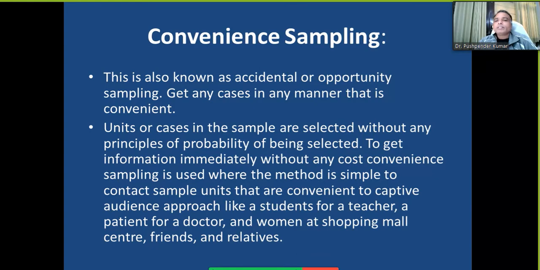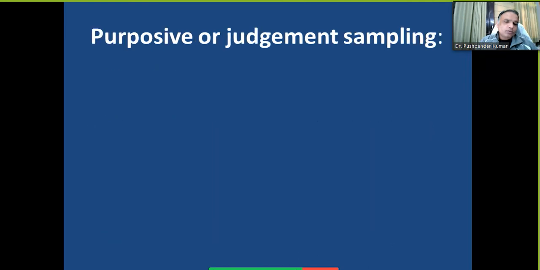Convenience sampling is used where the units are simple to contact. Sample units are convenient, a captive audience, like a student for a teacher, a patient for a doctor, women at a shopping mall, friends and relatives. So no systematic way.